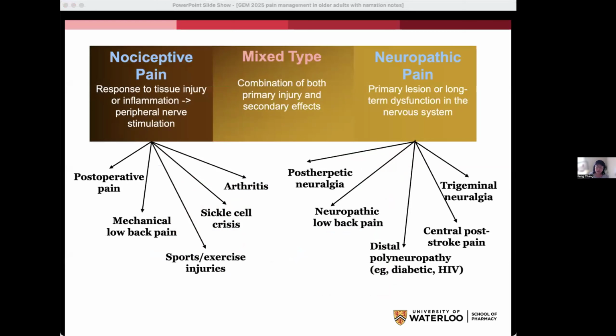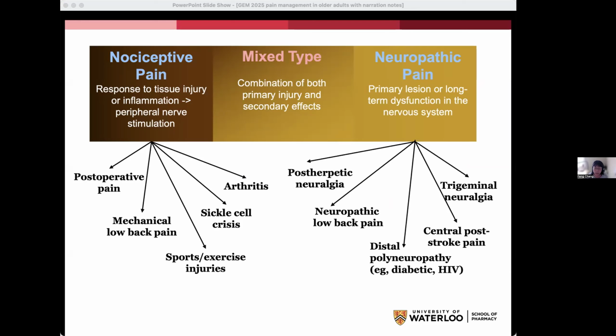So speaking of different types of pain, I'm sure you're all familiar with this. Nociceptive is a response to tissue injury or inflammation, and then neuropathic tends to refer to nerve damage. So the pain can be a little bit more difficult to treat depending on the situation. Nociceptive pain can be further split into somatic, which is usually a bone or joint and gets worse with movement, or it can be very localized, and visceral, such as pain in the esophagus or uterus.